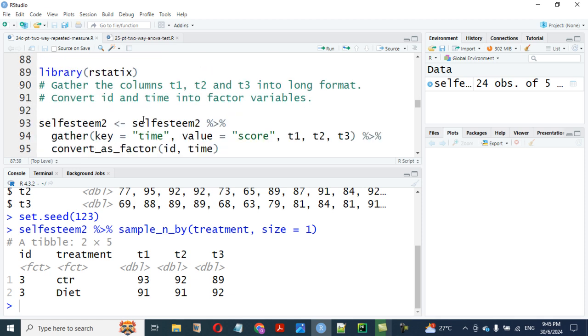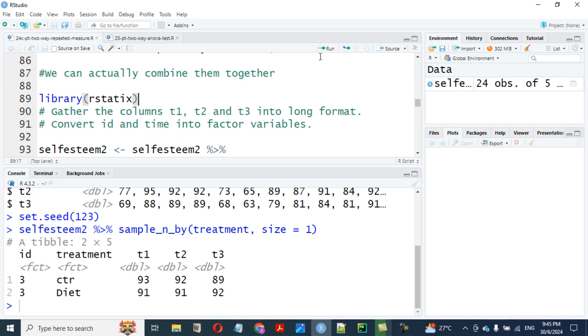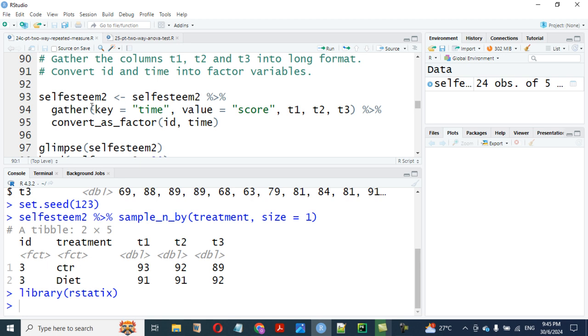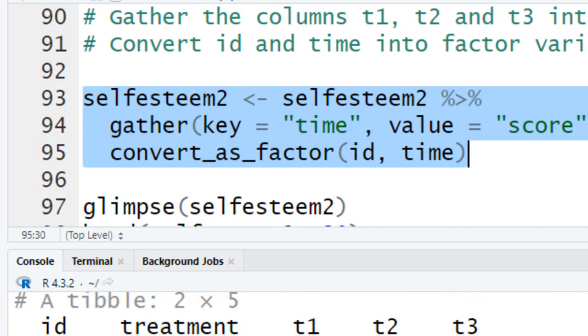So let's go and do that now. We are going to use our self-esteem data as usual. We're going to run our library here called rstatix. Then we pass in our self-esteem data, with key time, value score, and T1, T2, T3. So we run this line of code now. So we have combined them together now, right?